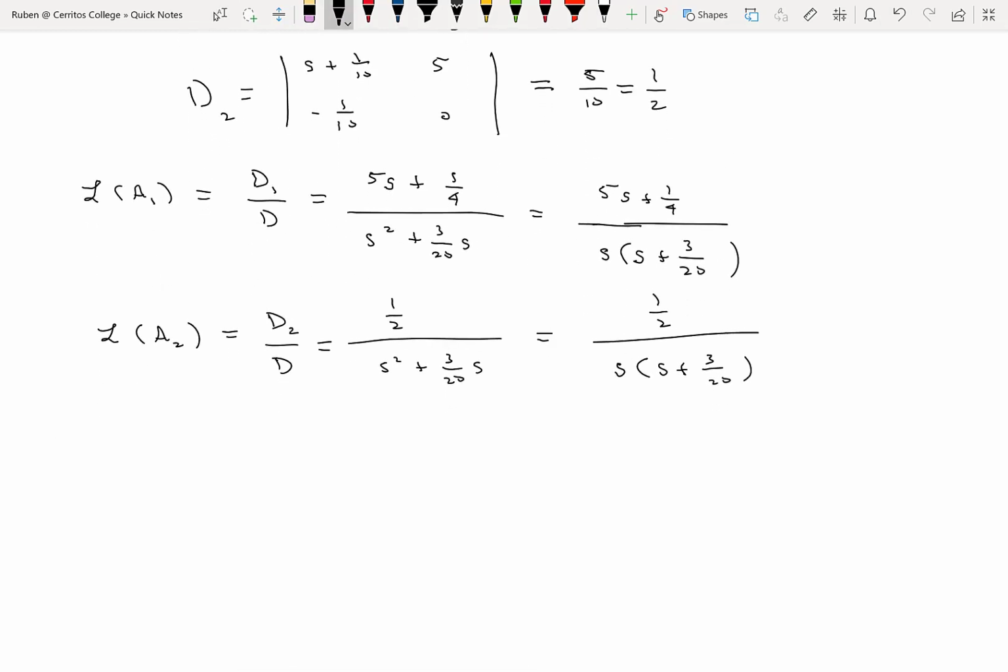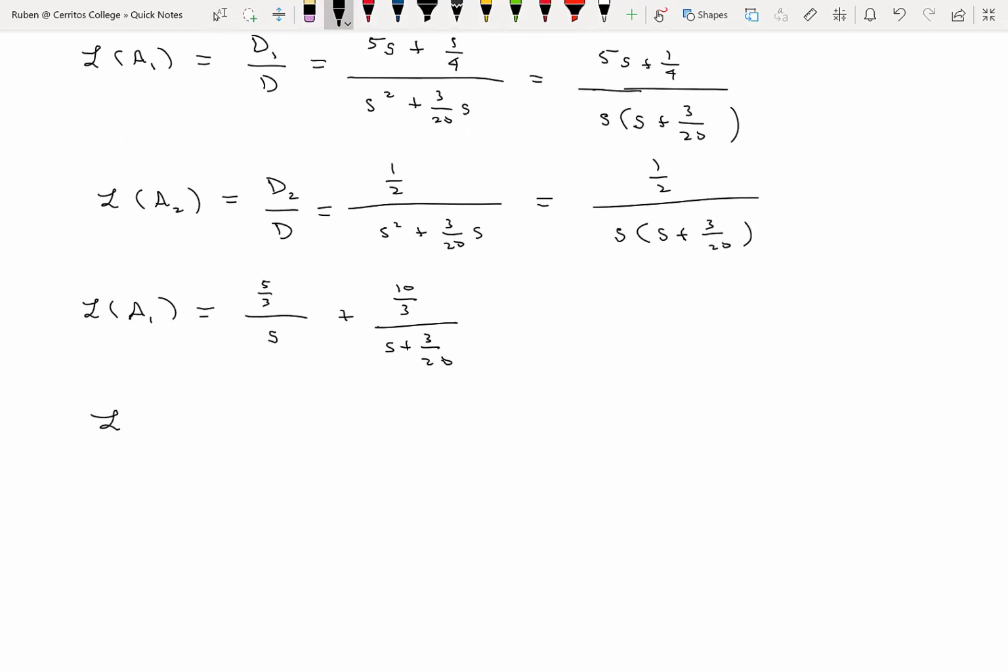Now, by some behind-the-scenes magic, I'm going to write out what the partial fractions look like. So Laplace A1, after we do partial fractions, is 5/3 over s, plus 10/3 over s plus 3/20.